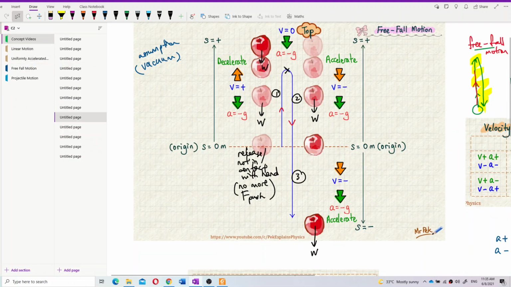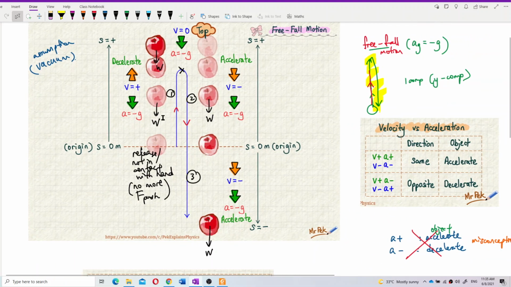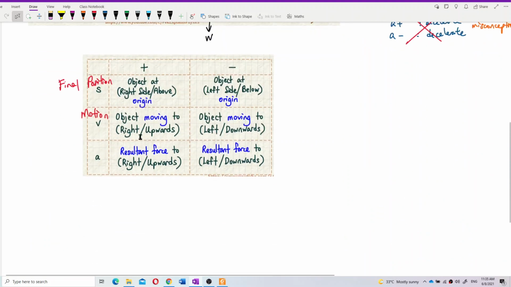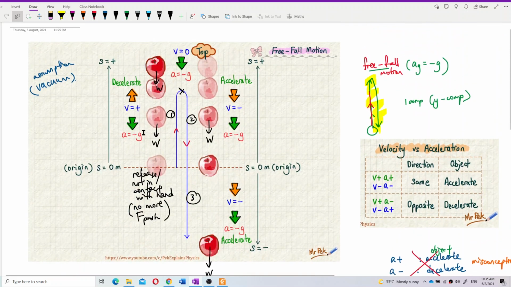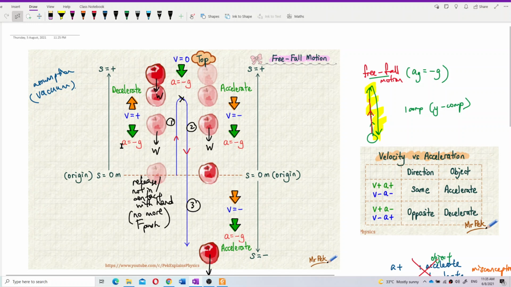Okay, let's look here. The resultant force now, that's why I say acceleration follows the resultant force. So a is negative. In this case, the acceleration is negative g. Why negative?